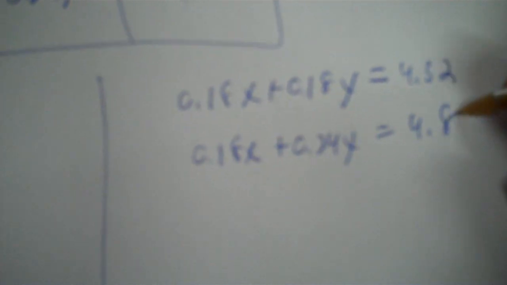So times 0.18 and times 1. So the top is 0.18x plus 0.18y. 0.18 times 24 gives me 4.32. And then in the bottom we have 0.18x plus 0.24y equals 4.8.